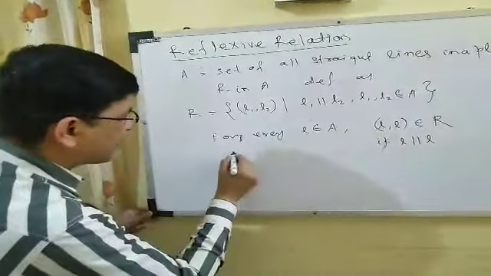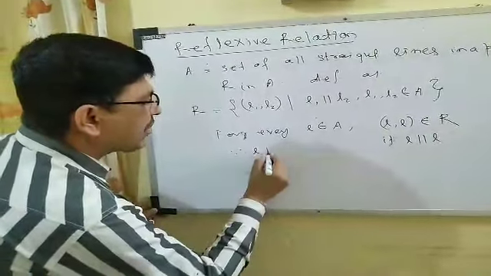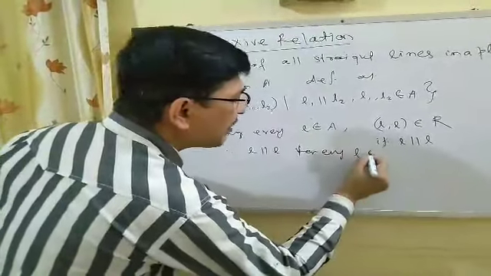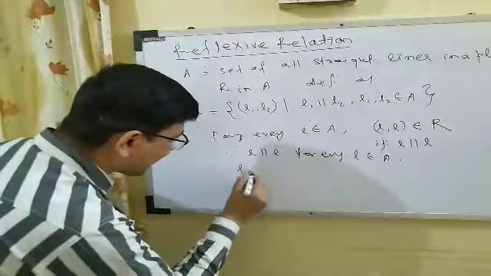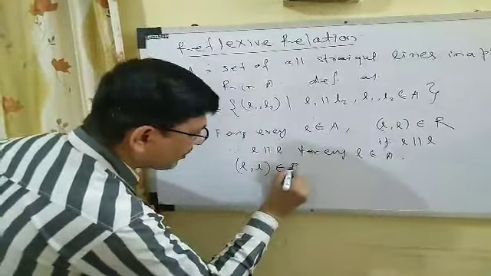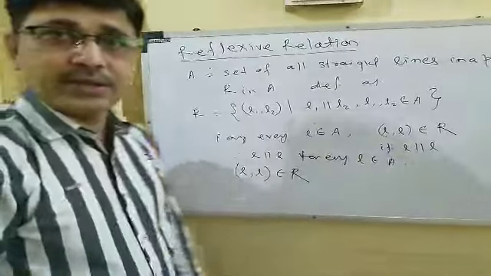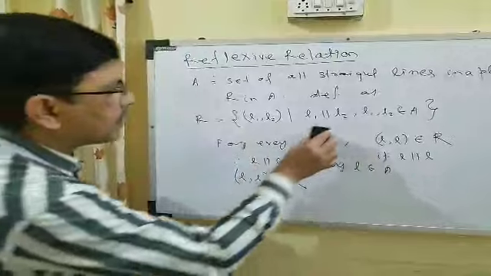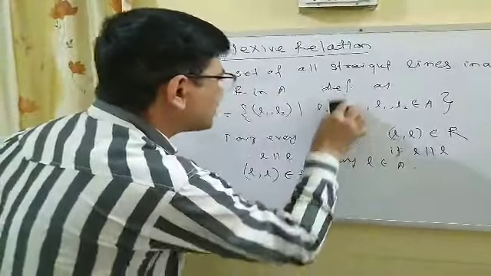Therefore, since L is parallel to L for every L belongs to A, we can say this (L, L) is an element of R. Therefore, R is reflexive.